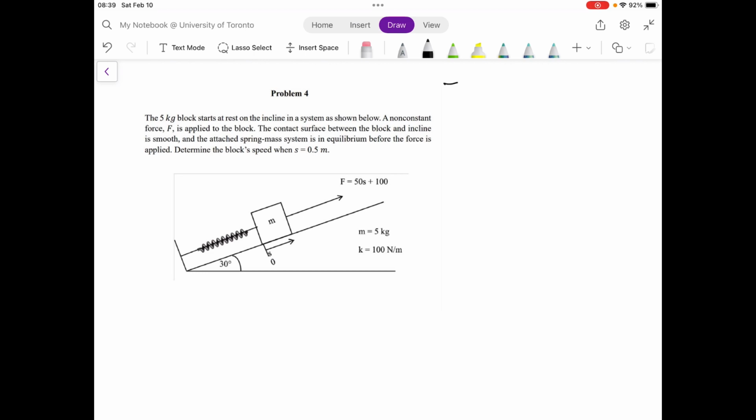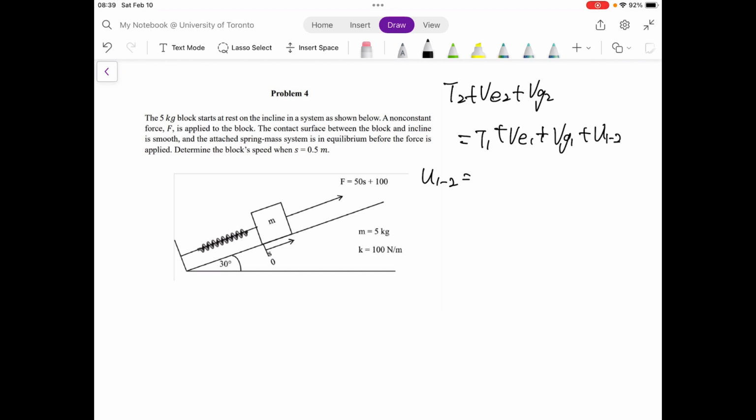So we have T1 plus Ve1 plus Vg1 plus U1-2 is equal to T2 plus Ve2 plus Vg2. Ve means the elastic potential energy and Vg means the gravitational energy. T means kinetic energy, and U means the work done by the external force. So we can solve this first.